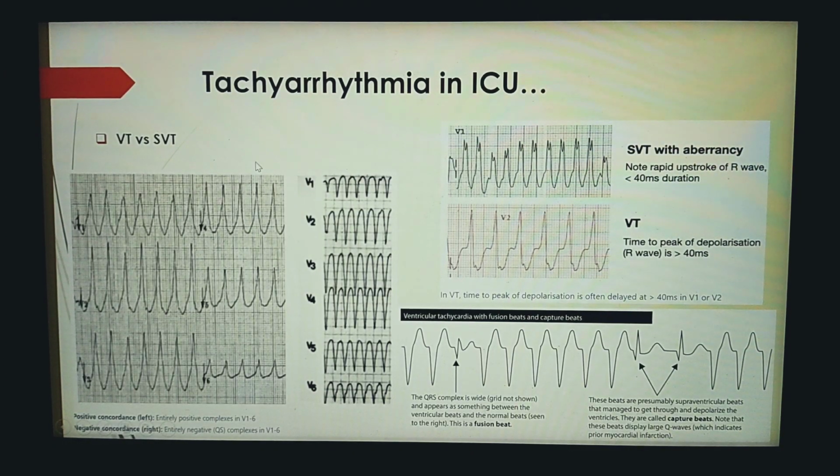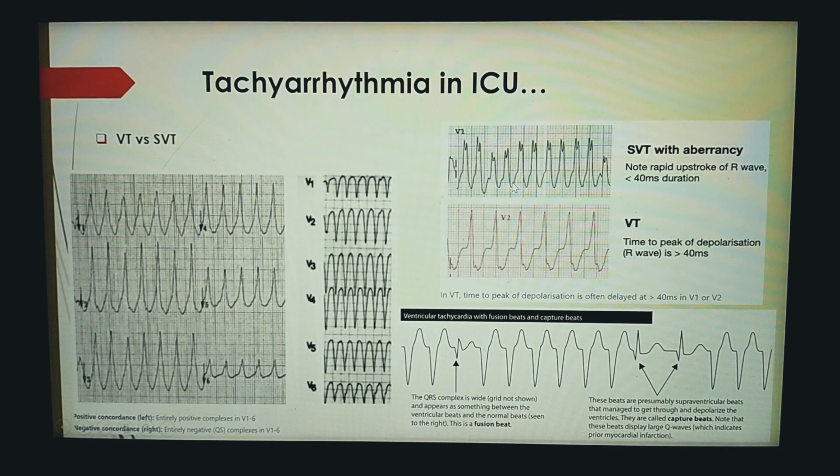Now the ECG changes in ventricular tachycardia. In these chest leads from V1 to V6, there is positive concordance, all the waves are positively spiked, and here all the waves are negatively spiked, which favors ventricular tachycardia.